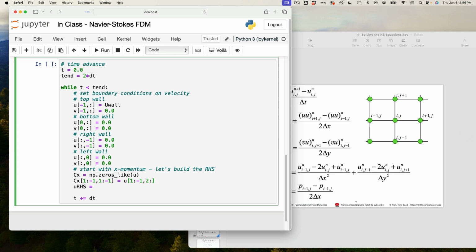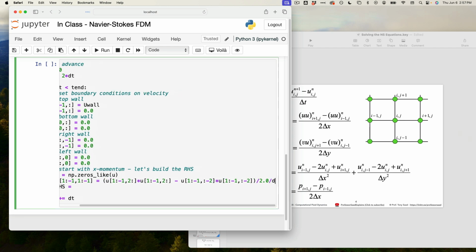So it's going from 2 to the last point times u from 1 to minus 1, or you can take the square of that, minus u at I minus 1 squared. So that will be convection in x over 2 delta x.